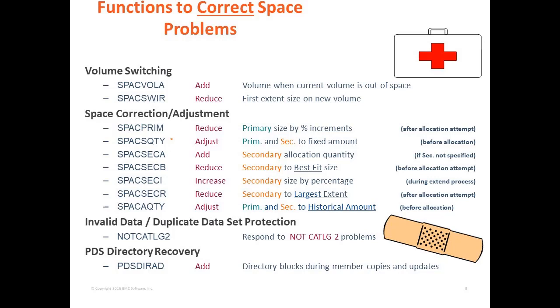SPAC-A Quantity is a unique function that requires allocation, reporting, and automation to be licensed in order to use this. This function can automatically adjust the user's requested primary or secondary requests based on past allocation metrics so that the data is always allocated correctly, thereby removing the need to use DF-HSM or other services to release space.